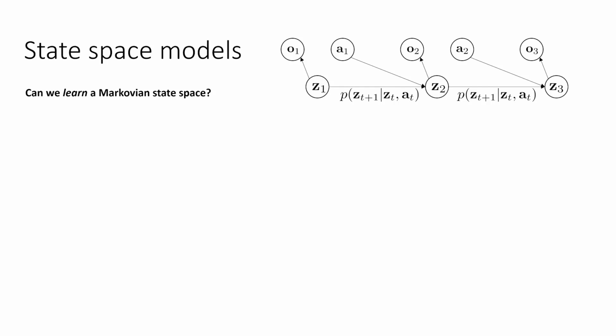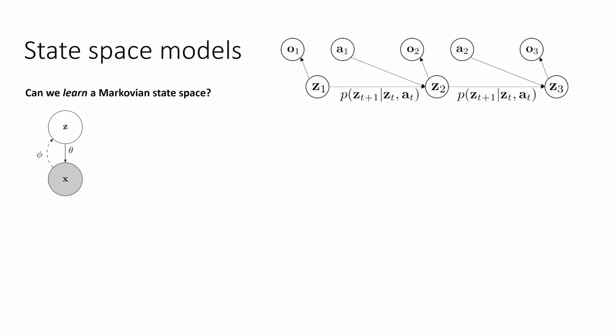And there are a few ways that we could approach this. One simple way to approach this is to use what is called a state space model. So with state space models, what we're essentially doing is we are learning a Markovian state space given only observations. And we saw this before when we talked about variational inference.